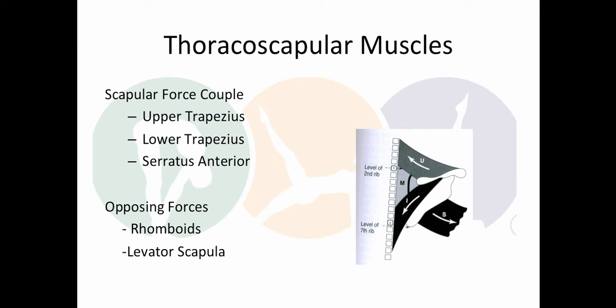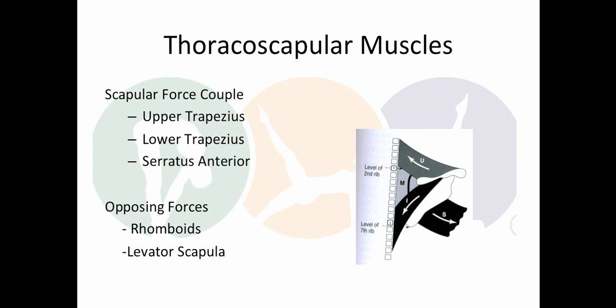And these two opposing forces are the levator scapula and the rhomboids. So if we get a lot of power in that levator scapula because of a forward head posture, we start to see problems occurring in the shoulder because normal scapulohumeral rhythm cannot occur. So one of our goals in lengthening the levator scapula is not only to reduce the forward head posture, but to encourage normal healthy rhythm of the shoulder and the shoulder girdle.